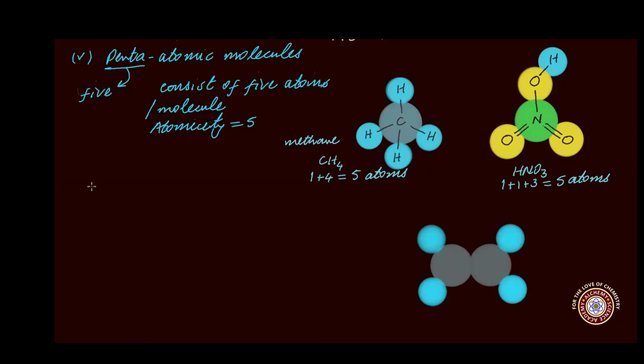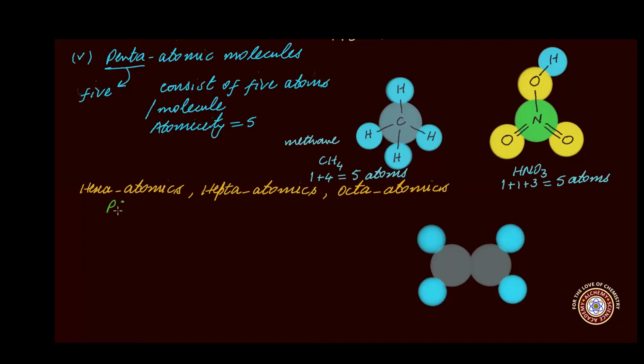Similarly, the molecules can be hexaatomic, also called hexaatomics, with atomicity 6, heptaatomic with atomicity 7, and octaatomic with atomicity 8. Now let us have one example in each case on the basis of their atomicity.